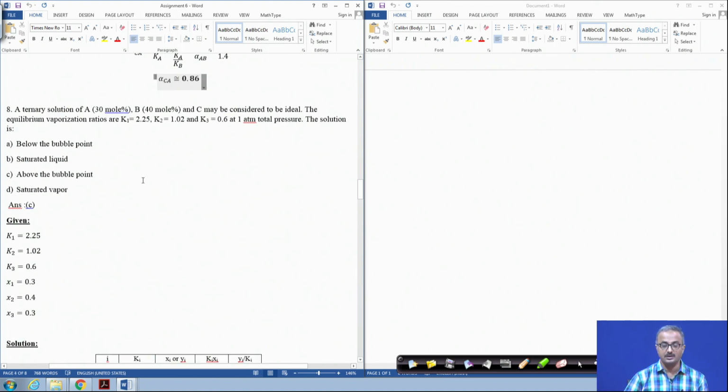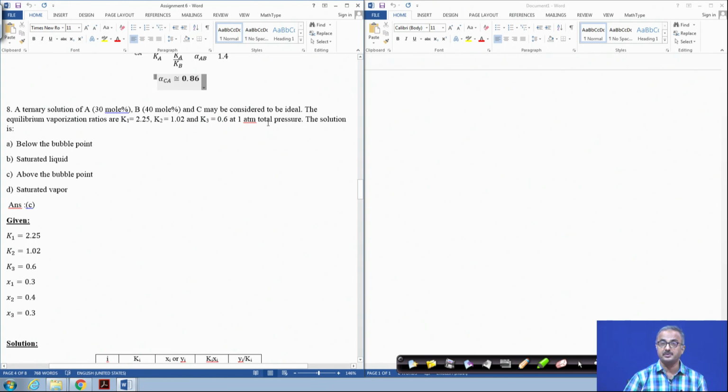Next, we come to another problem pertaining to the assessment of whether a given mixture or solution is at its bubble point or dew point, or outside these ranges. For that we have been given some overall composition of the mixture, and you are told to take it to be ideal, and then the equilibrium constants have been given like this.